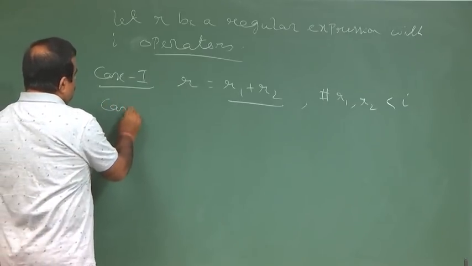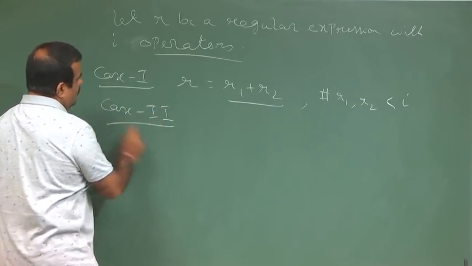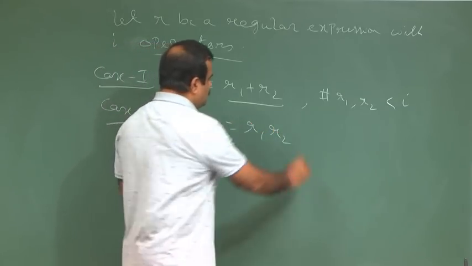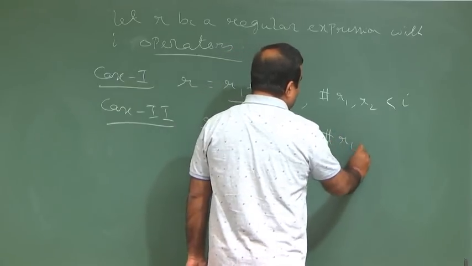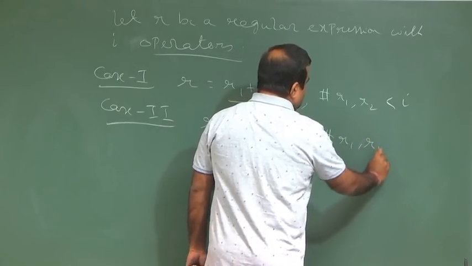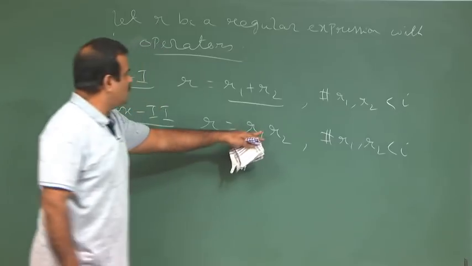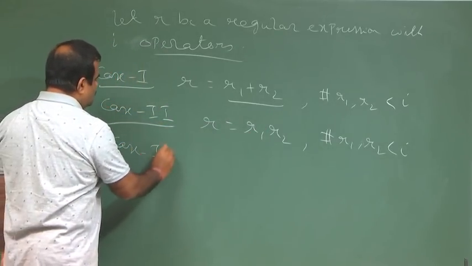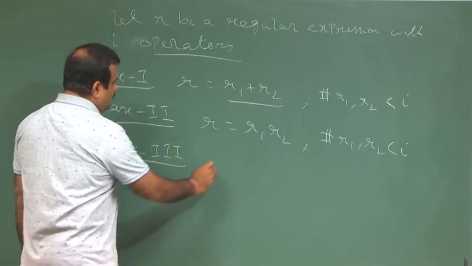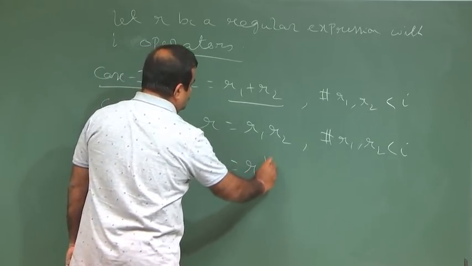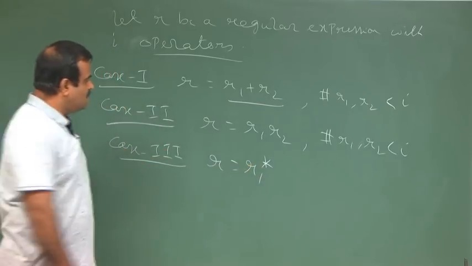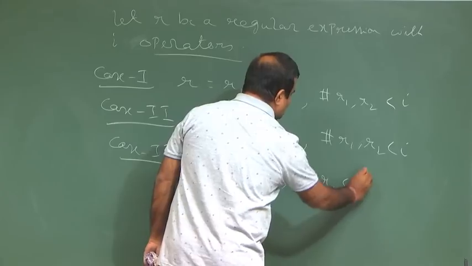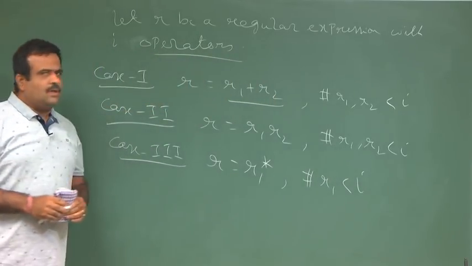And case 2, R may be R 1 concatenation R 2, where the number of operators in R 1 and R 2 are less than I, because we have used one operator, that is concatenation. And case 3, it is a unary operator, R is some R 1 star. So, we have used one operator. So, in that case the number of operators in R 1 is less than I. Okay.